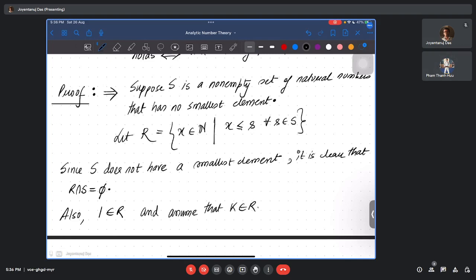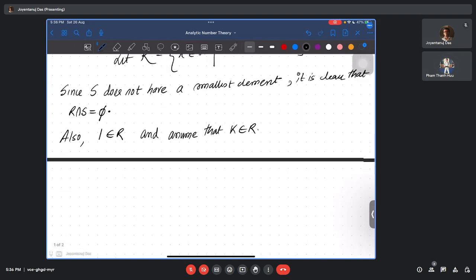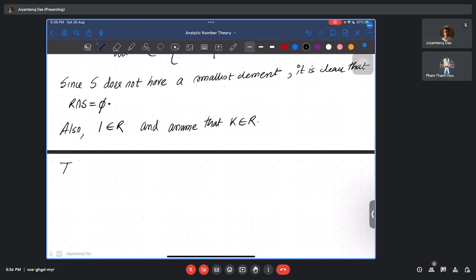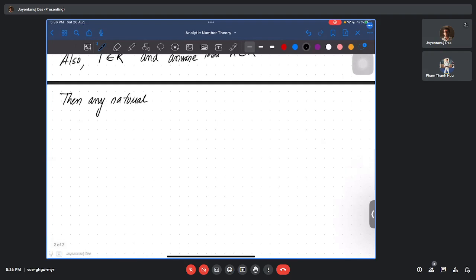And we assume that k belongs to R, right? So then any natural number less than or equal to this k must also be less than or equal to s, right?